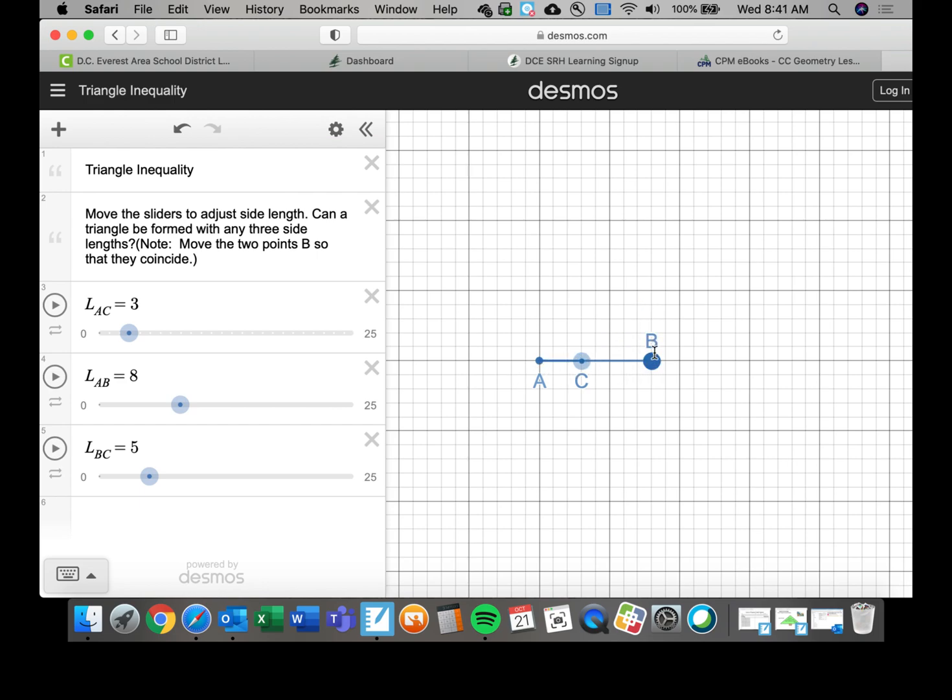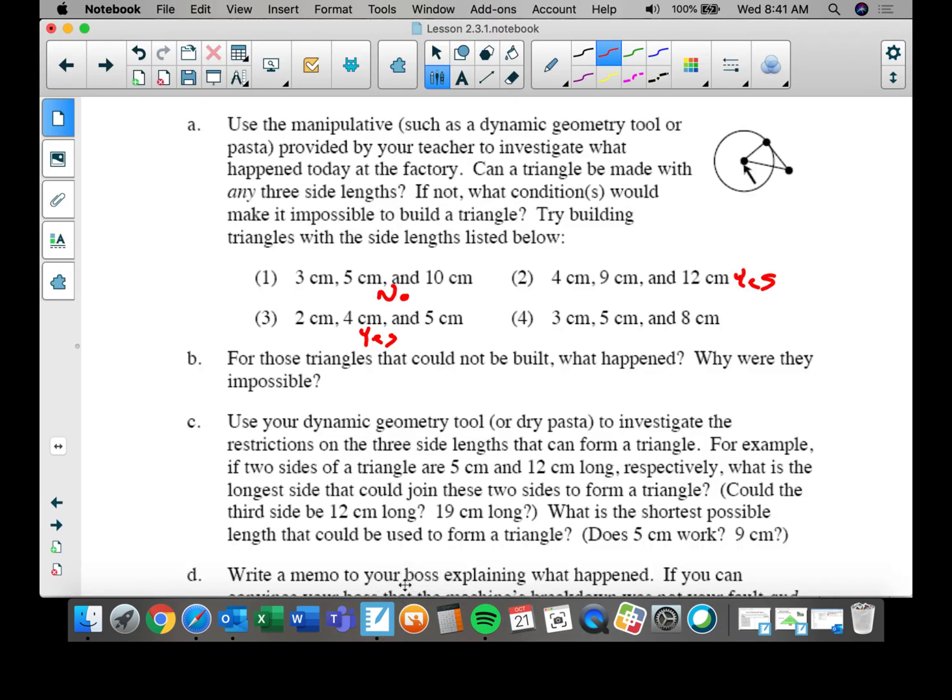And then if I put this other one, it does match up, but now I don't have a triangle because there's no angles involved, okay? And so therefore, this one does not work with 3, 5, and 8. They do match up, but unfortunately there's no triangle that we can get out of that. So this one is also no, okay?